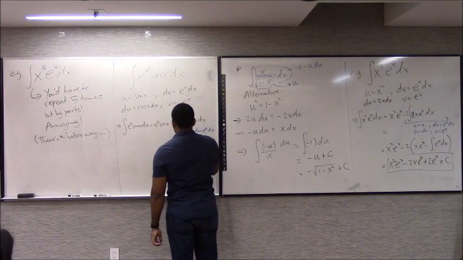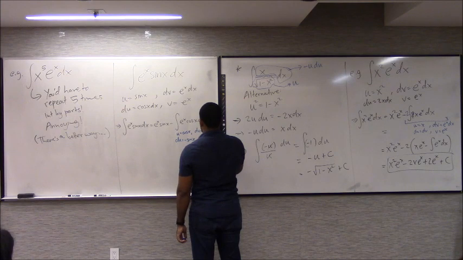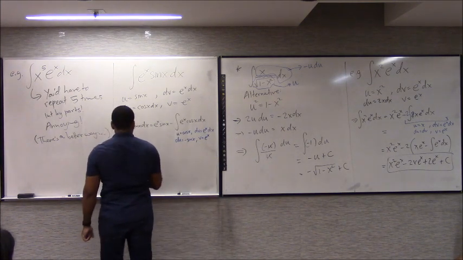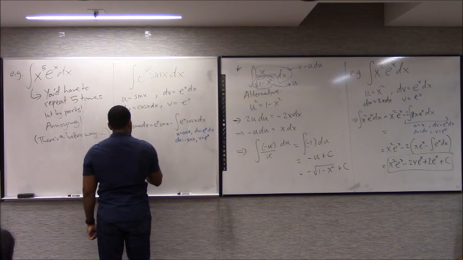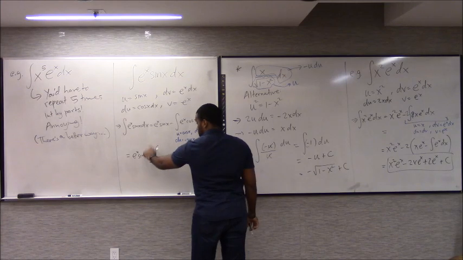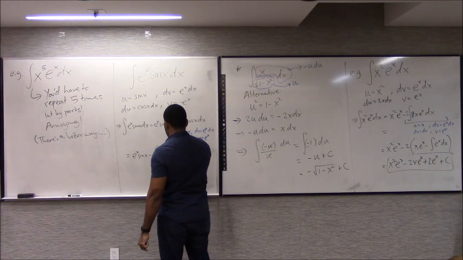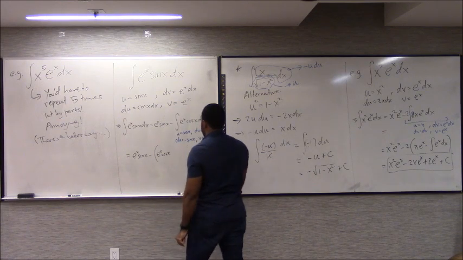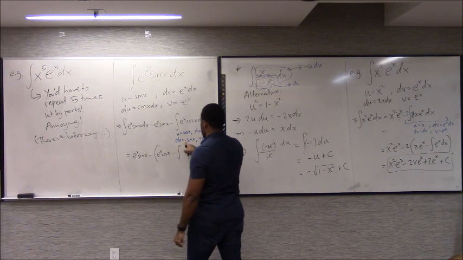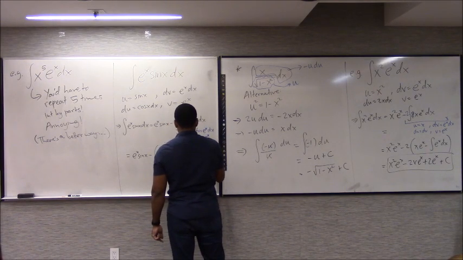So my du is going to be minus sine x, and my v is going to be e to the x. So let's do integration by parts again. So this is going to be e to the x sine of x minus, in parentheses because of the negative sign, u times v minus the integral of v du, minus the negative sign becomes a plus e to the x sine x dx.